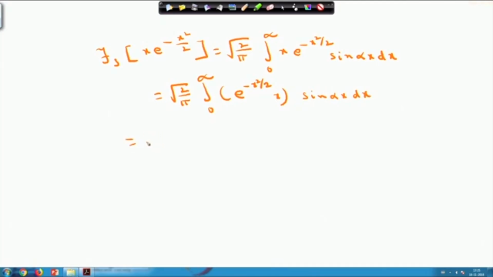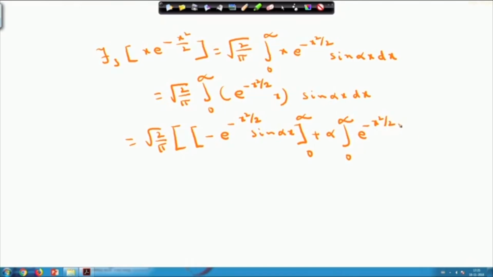Now, you use integration by parts for evaluation of the integral. So, you can write this equals minus e^(-x²/2) into sine of αx from 0 to infinity, plus α into the second integral, which will come as e^(-x²/2) into cos of αx dx.